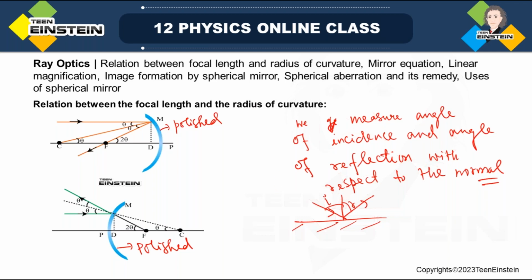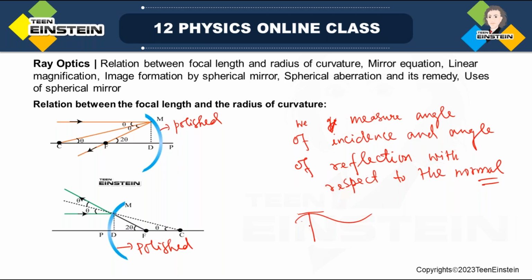In case of a curved mirror or curved surface, how do you get this normal? For any curved surface, you have to draw a tangent at a particular point, and then draw the normal to that tangent. Then you get the normal at that particular point on the surface.